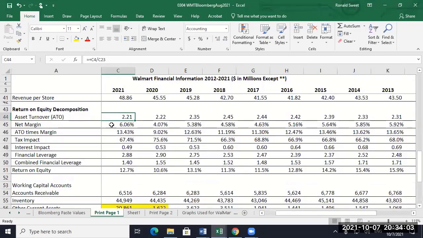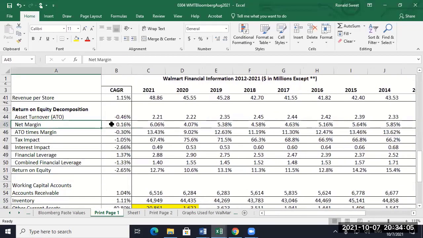So down here at the bottom of the Excel spreadsheet, you can see over time their turnover. I don't like growth rates of ratios. I have it here just because I'm curious about the trend over time, but you know, a growth rate of a ratio is kind of strange. But here we can see their turnover has declined slightly and their margins have improved slightly.